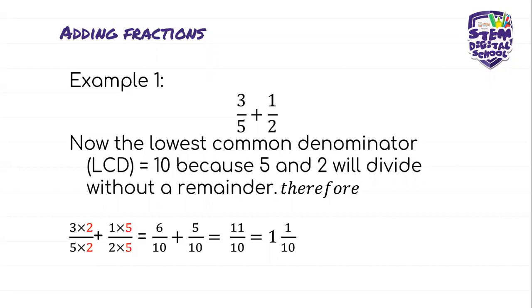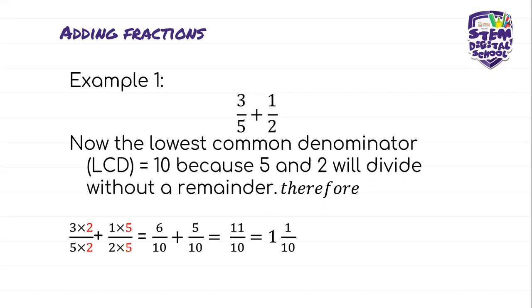Please note that there can be other denominators, such as 20, for instance. 20 as well can be a denominator, but it's not the lowest. Remember, 5 can go into 20 without a remainder, and 2 can also go into 20 without a remainder. So there are different denominators, many of those that you can list, but in this case, we take 10 because 10 is the lowest.